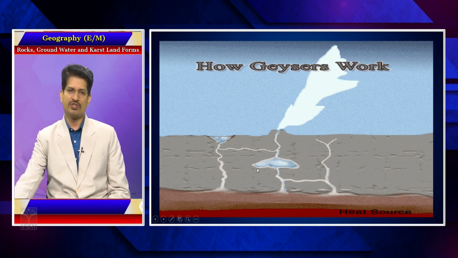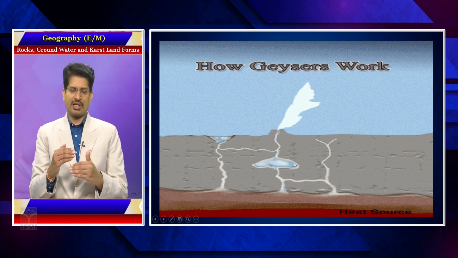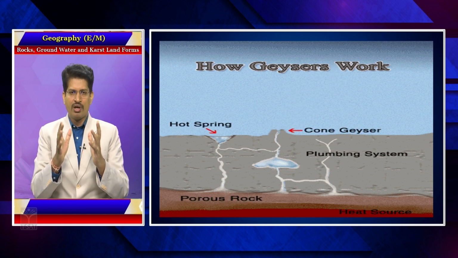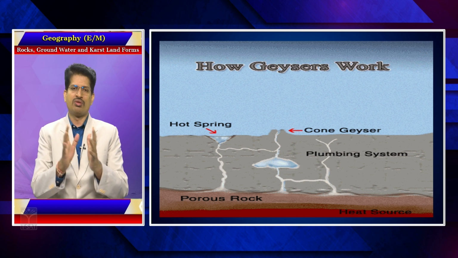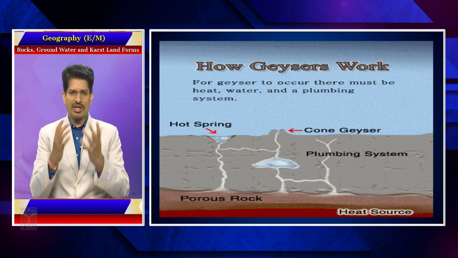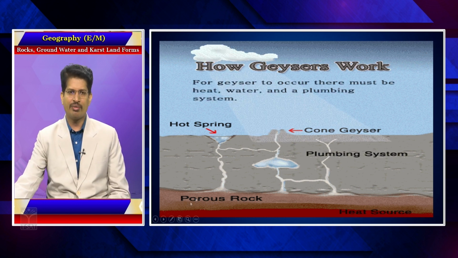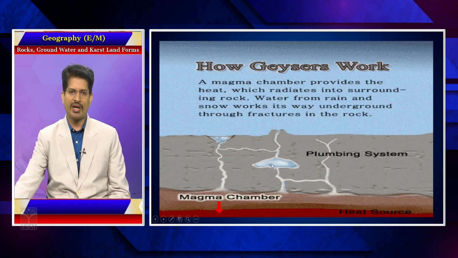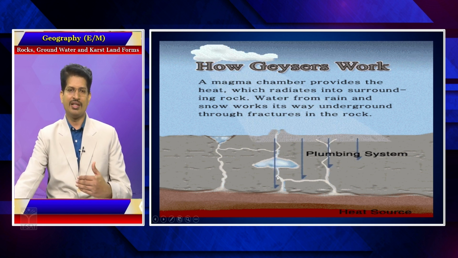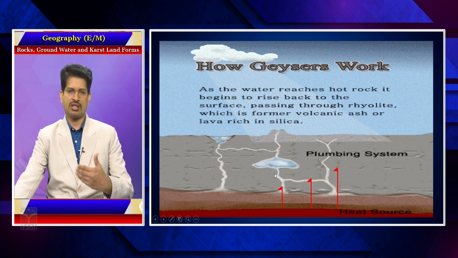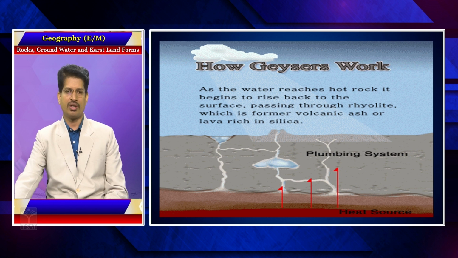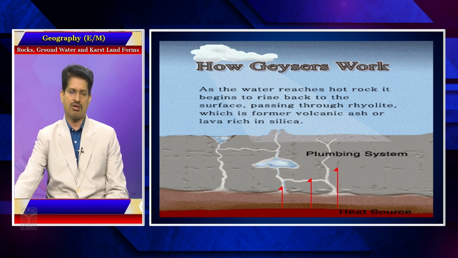The time consumed for condensation and filling of the chamber is always the same, because the volume is the same. When the chamber is filled, pressure builds up beneath to push this water upwards. The pressure built up becomes equivalent to or more than the weight of this water, which leads to expulsion of the water. That is why a geyser is otherwise also a hot spring.